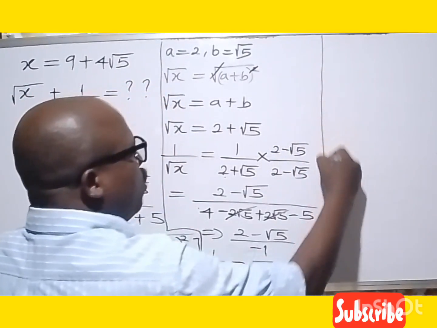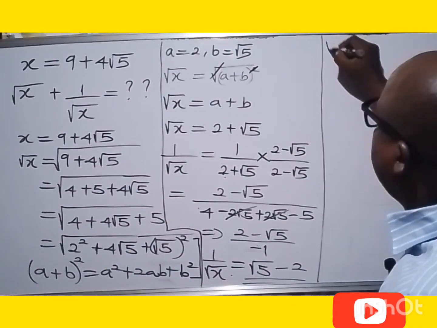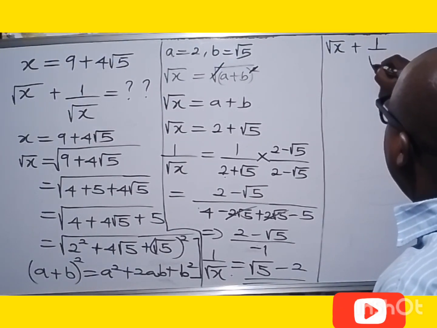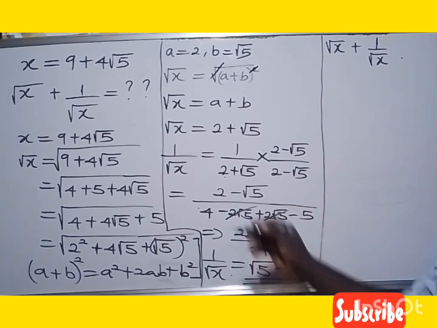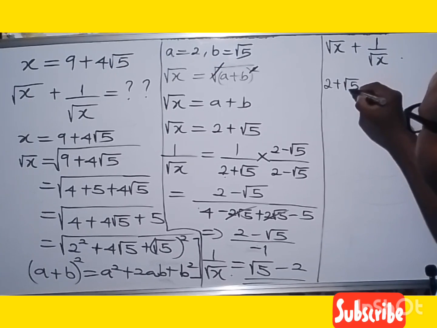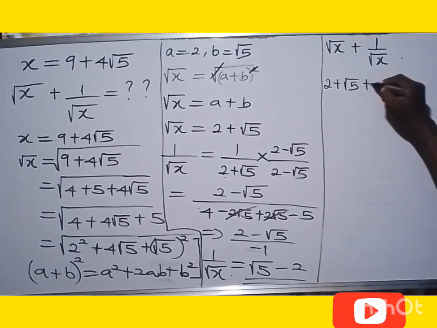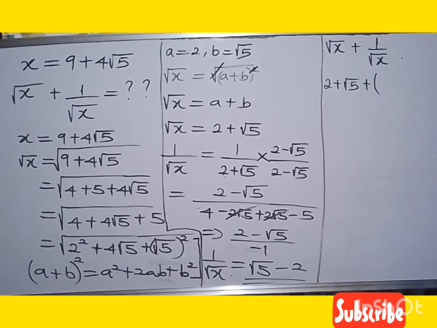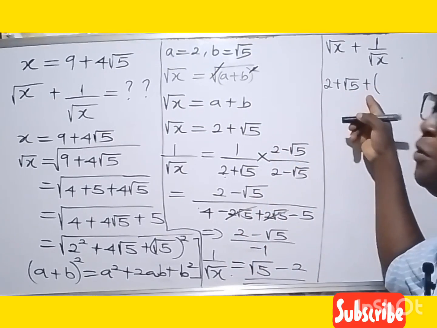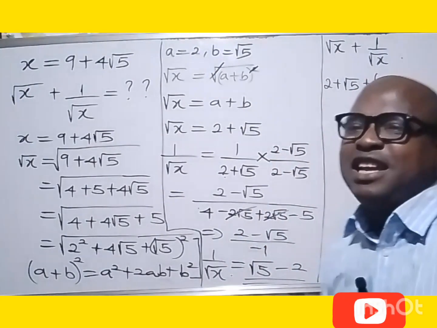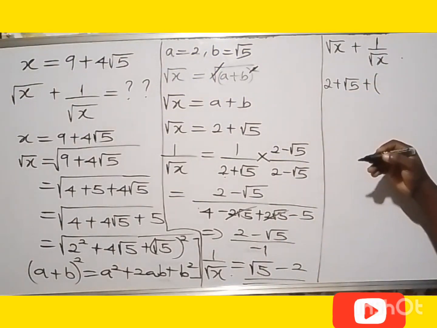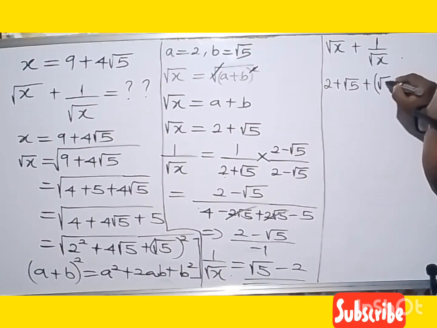Then we can bring the two of them together. The question is that we should find root x plus 1 all over root x. Let's substitute the values. Our root x is 2 plus root 5. So we have 2 plus root 5, then plus, I can put this in bracket, even though the bracket does not actually mean anything because of this plus sign. If it is a minus sign, then the bracket would mean a lot of things. But because we have plus here, the bracket is actually useless because we are still going to get the same term back.